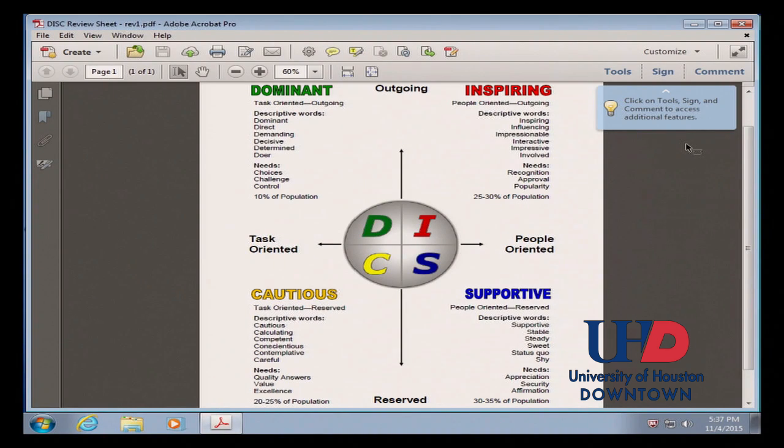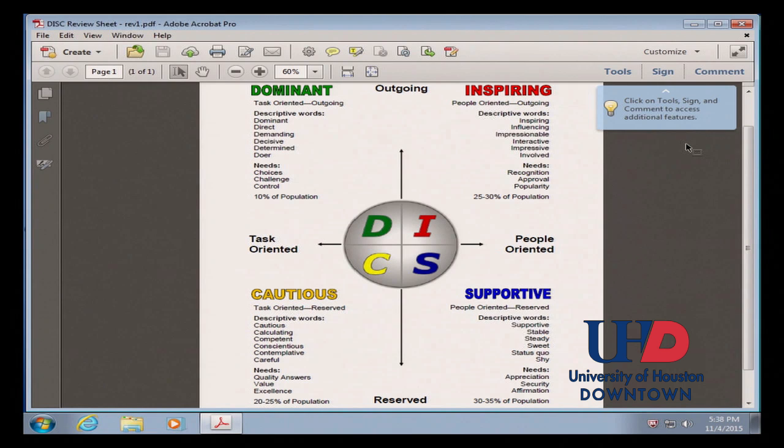So this vertical axis is the pace drive, and the pace drive is related to speed or intensity, level of engagement, decision-making pace, comfort with making decisions with limited information, that type of thing. So the upper half of this line represents the outgoing pace, which is a faster pace, typically comfortable with less data before making a decision, typically comfortable moving faster and engaging more quickly in both situations and interactions with people.